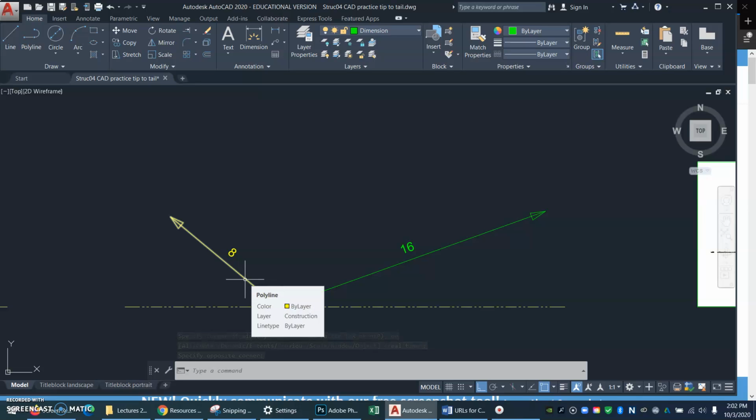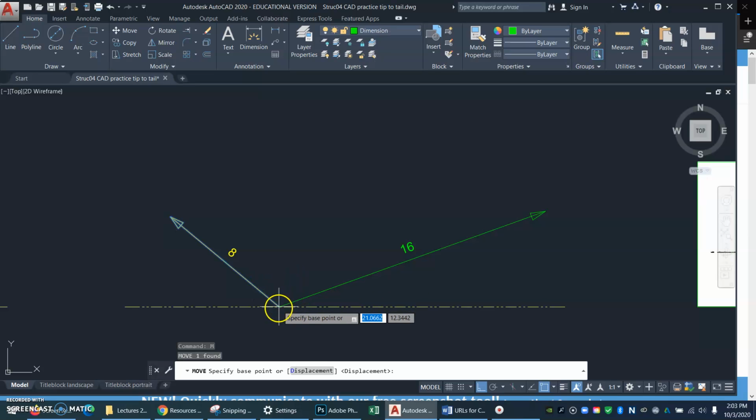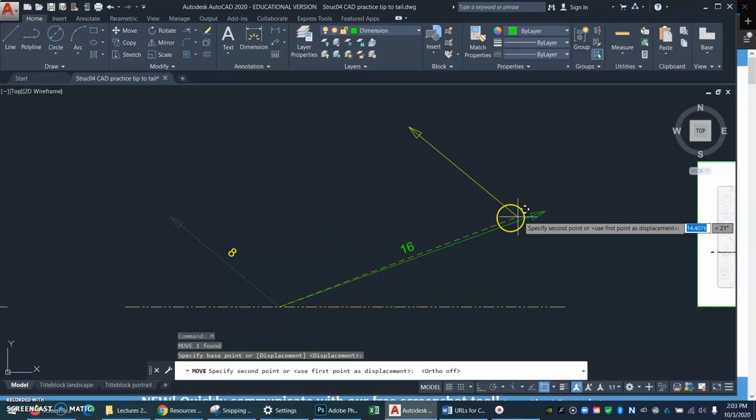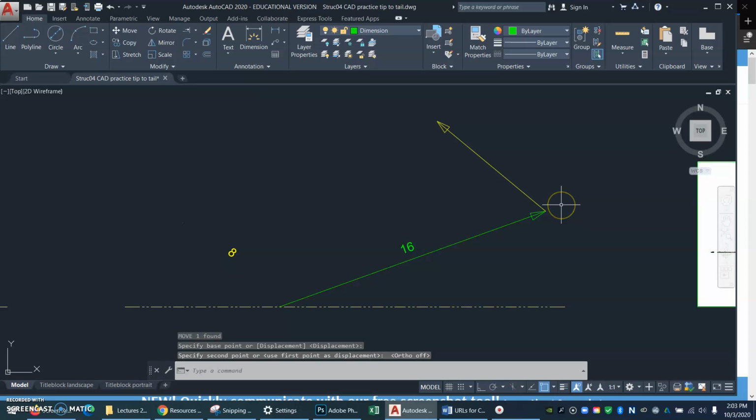So let me take this short arrow and move it. I'm using the move command. What base point do I want? I'm going to grab it by its tail right there, and move it, hook it up to the tip. Okay, there we go.